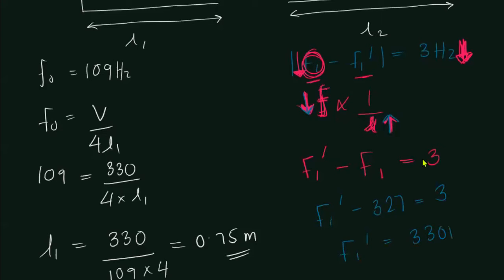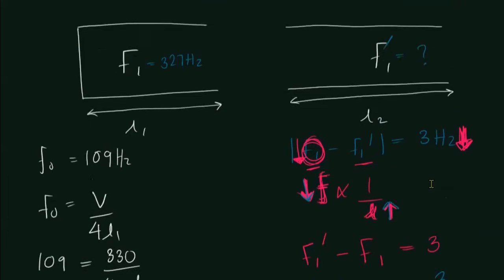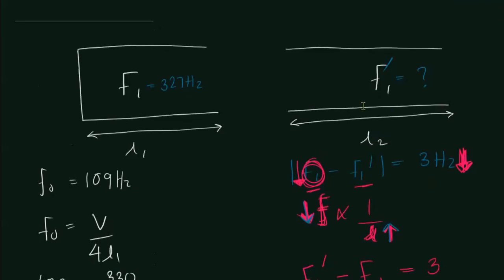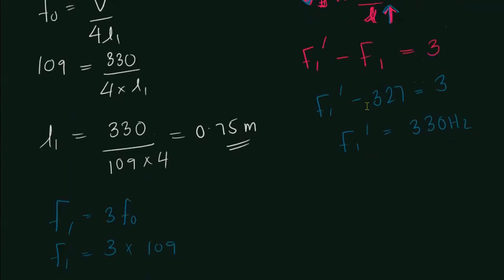330 hertz. So how exactly is the first overtone of the open end organ tube written? It is written as 2 times f naught dash.